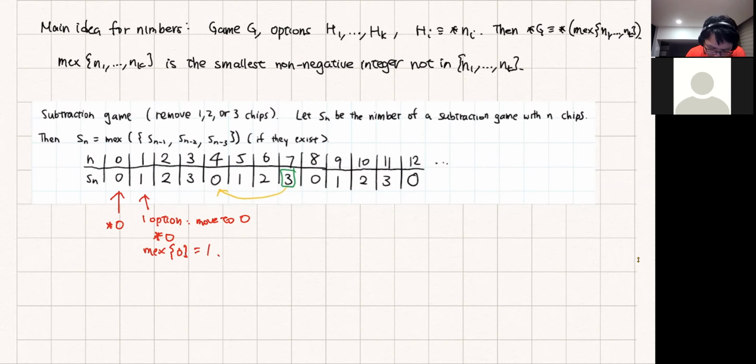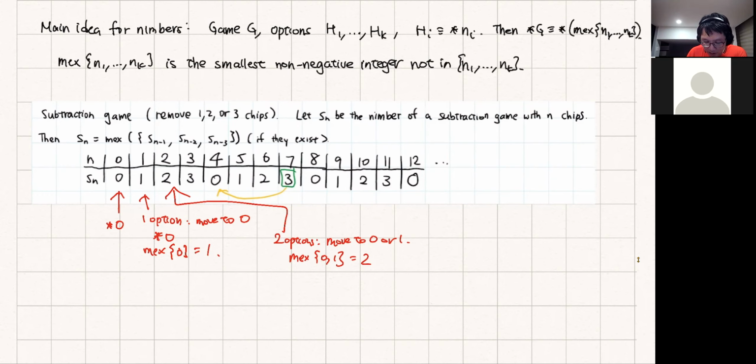For 2 chips, there are 2 options: you either move to 0 or 1. 0 is equivalent to star 0, and 1 is equivalent to star 1. So you're looking at the max of 0 and 1, the smallest number that is not in this list, which would be 2.